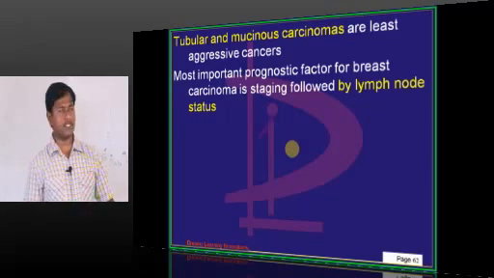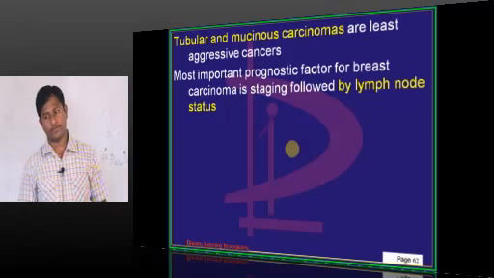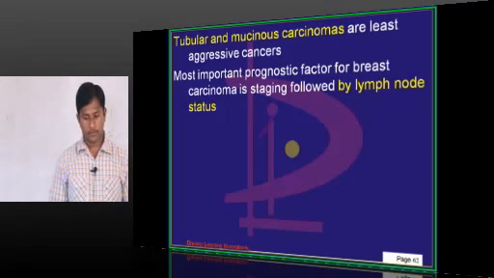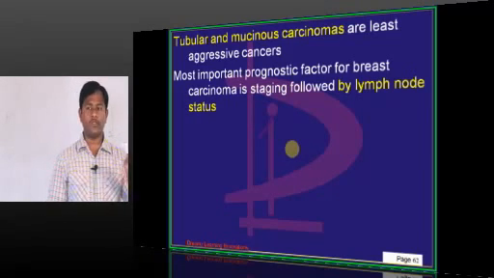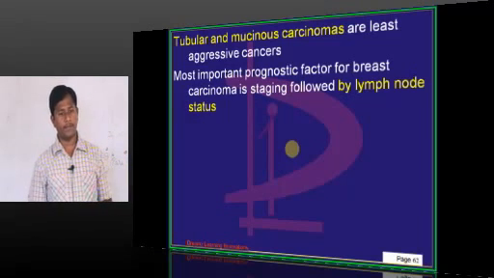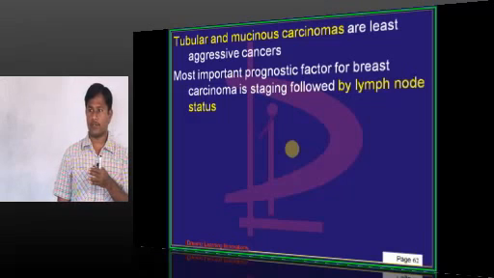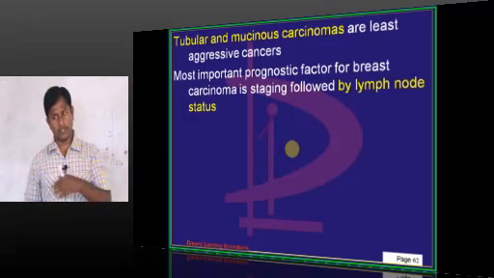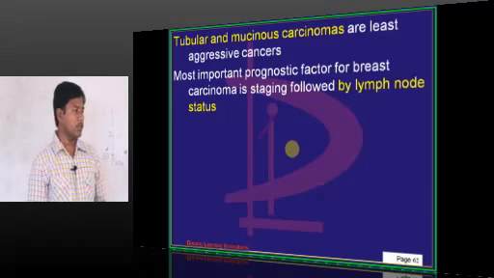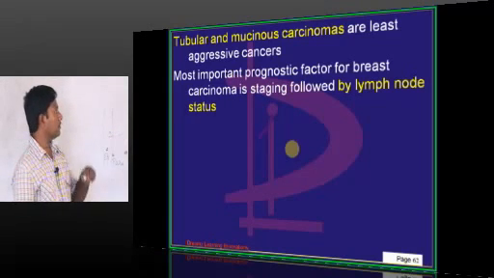Least aggressive first is tubular. Next actually mucinous and colloid at the same order. Next comes serous. Serous carcinoma is a bit more malignant. Tubular is less malignant.